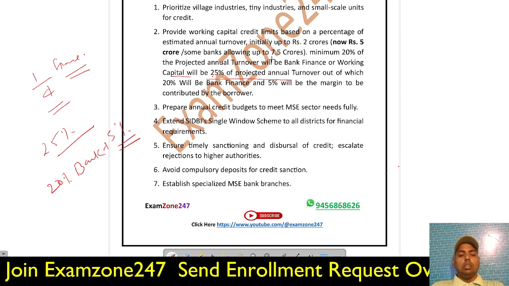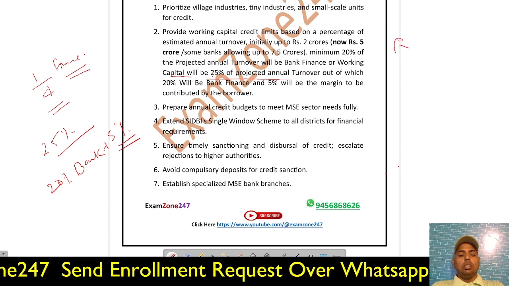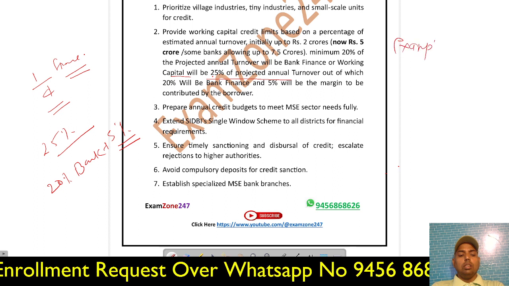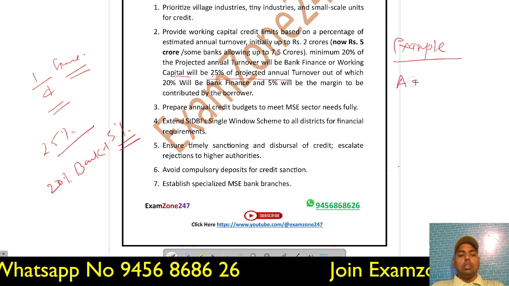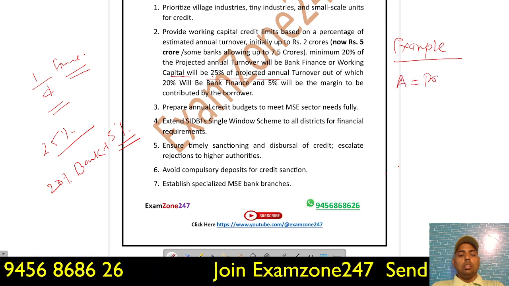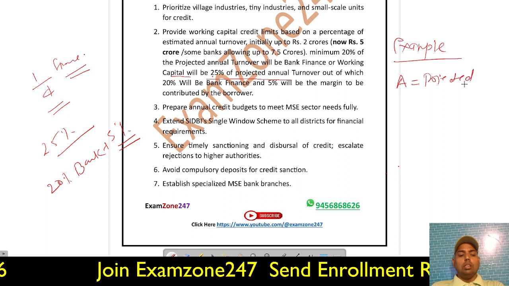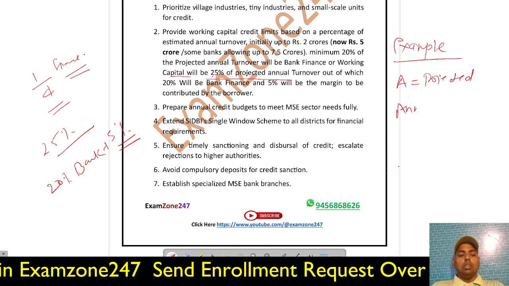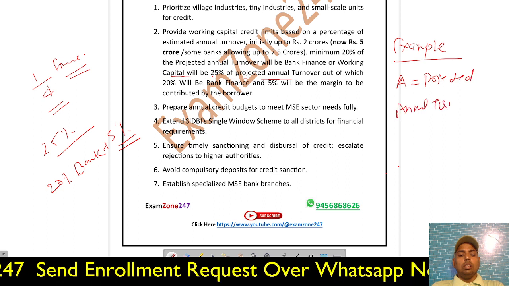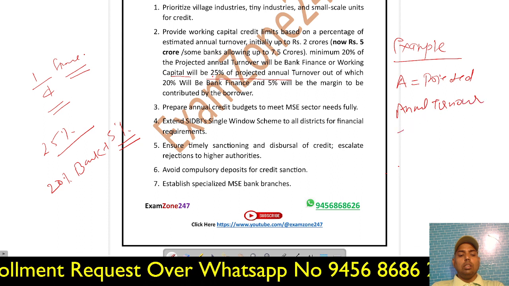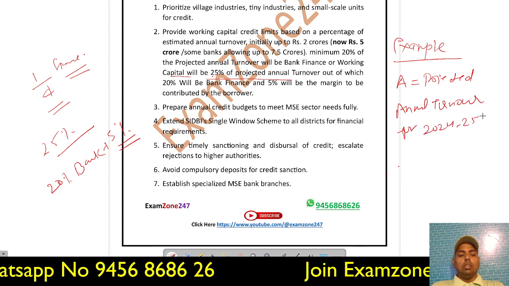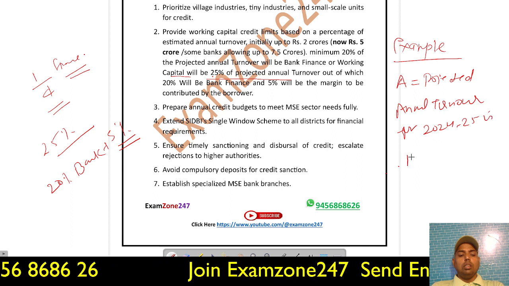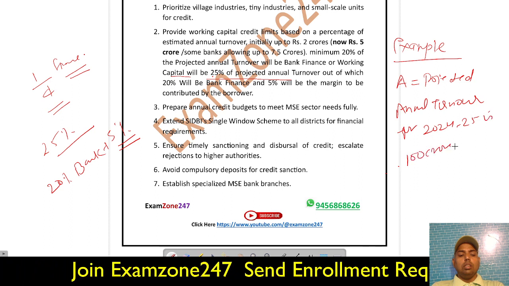Suppose, for example, a company A has projected annual turnover for 2024-25 of 100 crores.